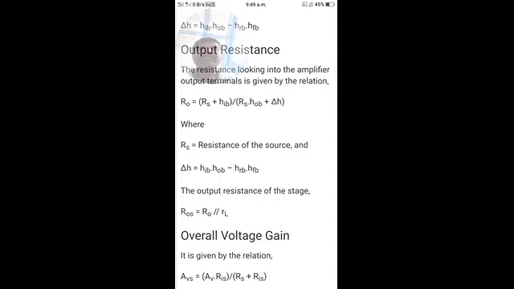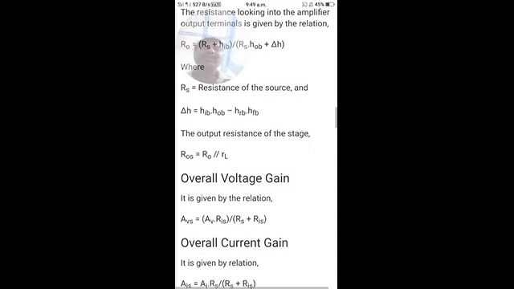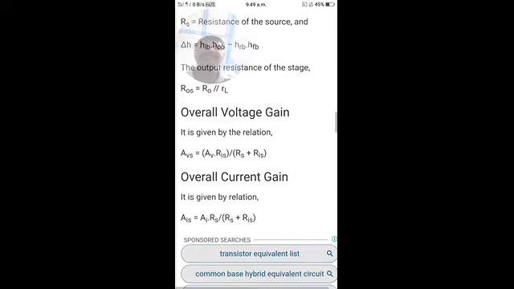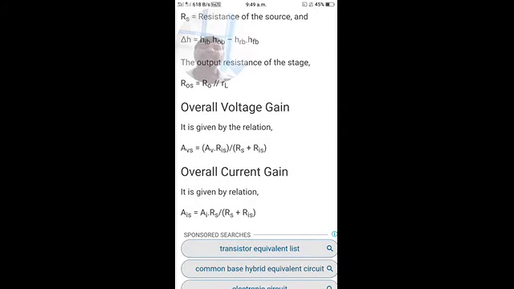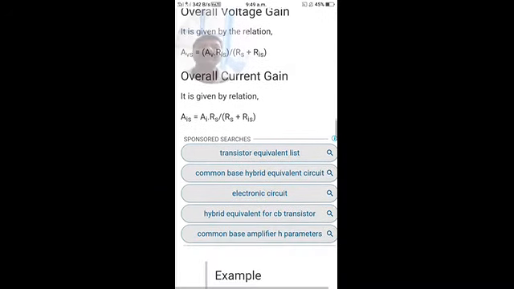The overall output resistance R0 dash is R0 parallel with RL. The overall voltage gain AVS is AV into RIS by RIS plus RS. The overall current gain AIS is AI into RS by RS plus RIS.